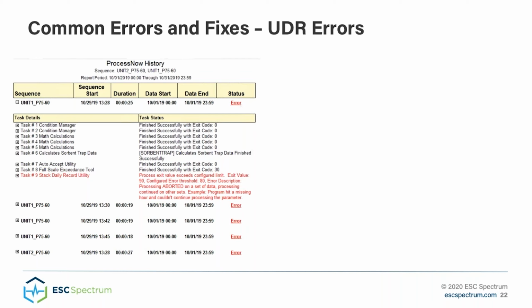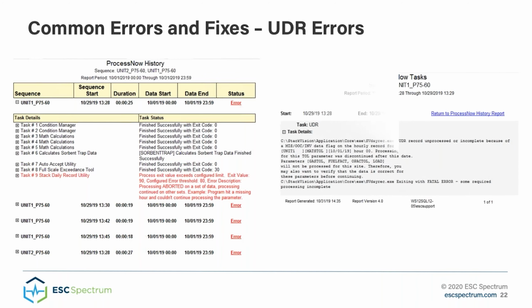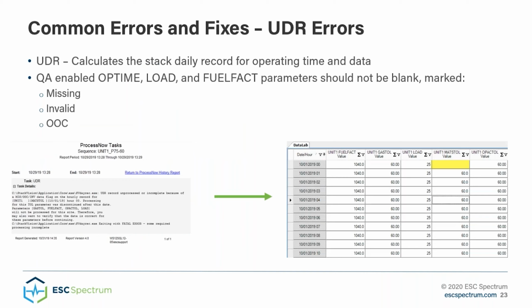When it fails on this task and you click the error, you'll see the example that we saw earlier where it gave us all this great useful information. We're getting parameter names, dates, and times, so we can pull this up in StackVision to look at the data and see what maybe we need to fix.